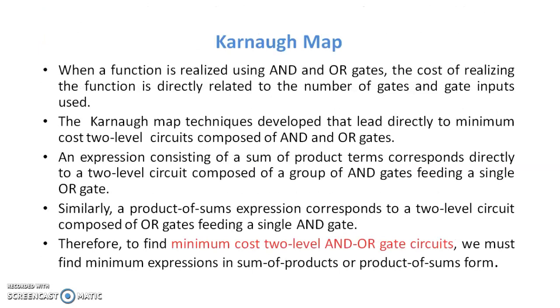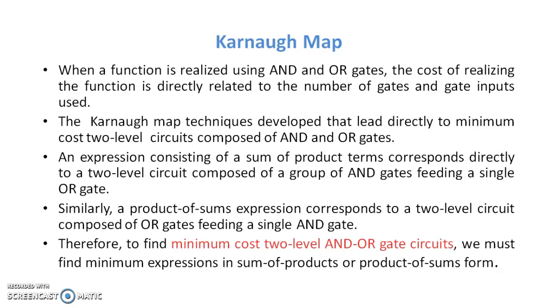K-map's full form is Karnaugh map. When a function is realized using AND and OR gates, the cost of realizing the function is directly related to the number of gates and gate inputs. The Karnaugh map technique leads directly to minimum cost 2-level circuits composed of AND and OR gates.